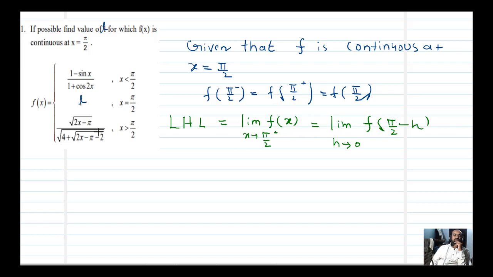Now in the f of x rule, instead of x I want to write pi by 2 minus h. The value of x should be less than pi by 2, so I want to use this rule.